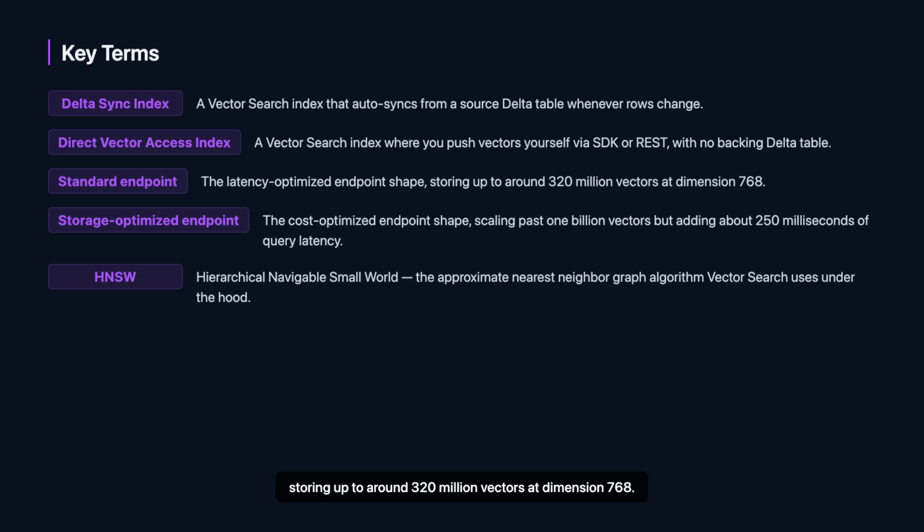A storage-optimized endpoint is the cost-optimized shape that scales past 1 billion vectors, but adds about 250 milliseconds of query latency. And HNSW stands for Hierarchical Navigable Small World. That's the approximate nearest neighbor graph algorithm vector search uses under the hood.